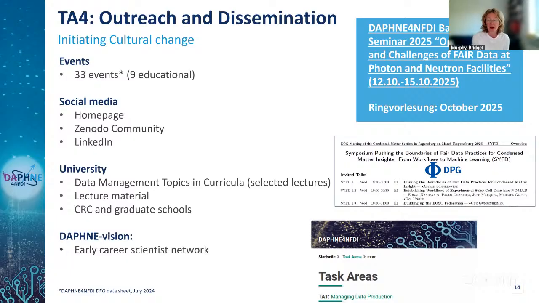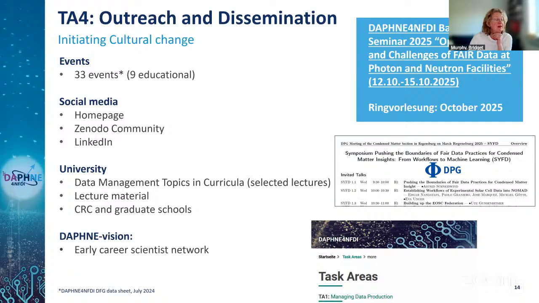You're welcome to apply and come. And from October, we will provide, as we've done in the last 2 years, a Ringvorlesung on the topics of synchrotron and neutron methods, and also how this is really related closely to high-level data and FAIR data approaches, and very praxis, really closely related to the practices that we use within the DAPHNE project.